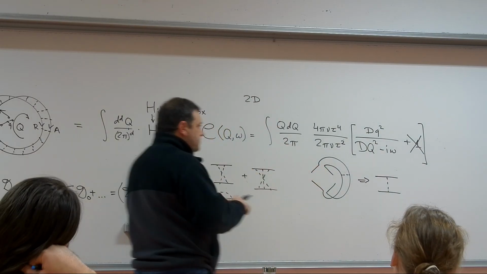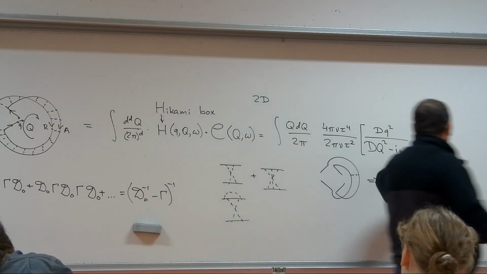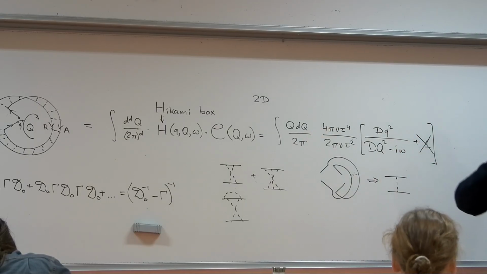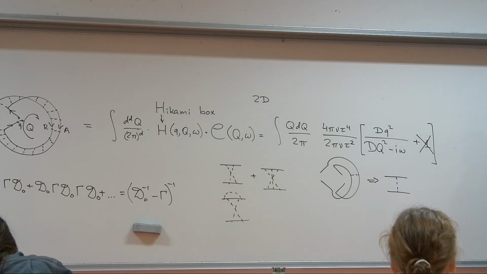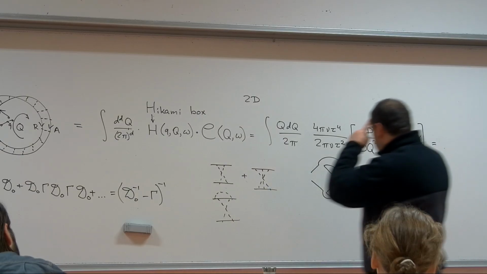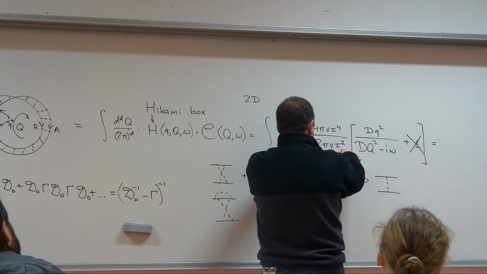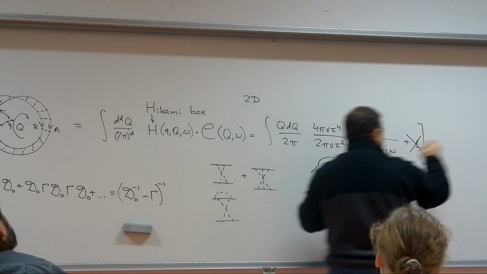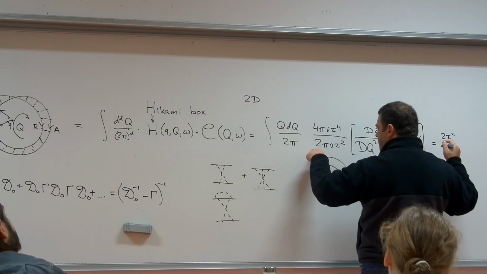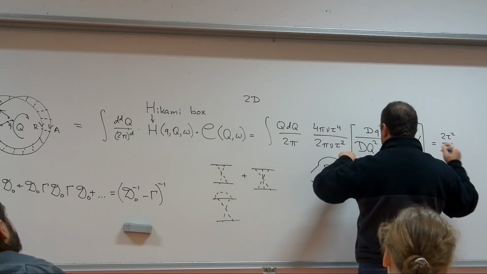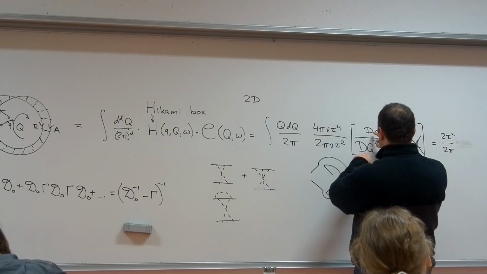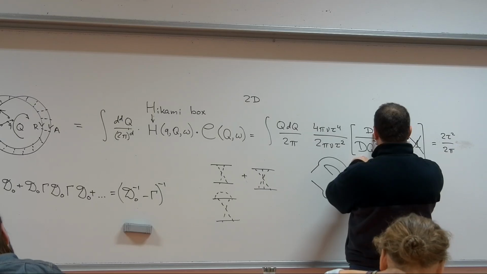And this is it. We have cancelled our spurious number 1 here. Now this object goes to 0 when q goes to 0, exactly as it should, to conserve the number of particles. And who can do the integrals? I cannot. It's 2 tau squared, right? 2 tau squared divided by 2 pi, d, q squared, the diffusion constant cancels, right?